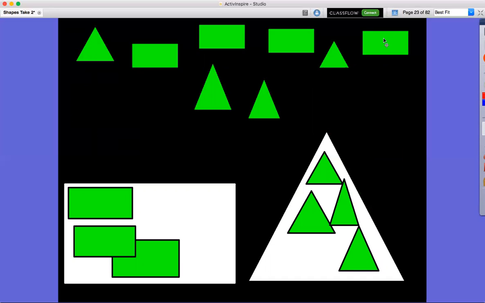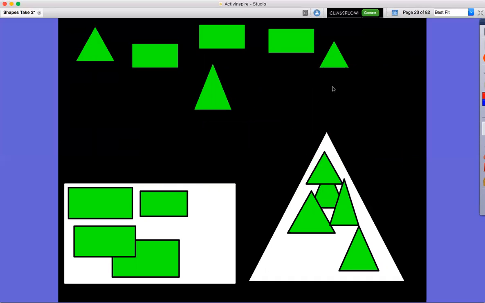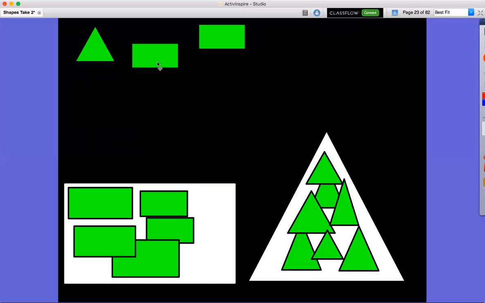What about right here? This is a rectangle. Is this a rectangle? No. Is this a rectangle? No. Is this a rectangle? Yes, that's a rectangle. Is this a rectangle? No. This right here is a rectangle. What about this shape?